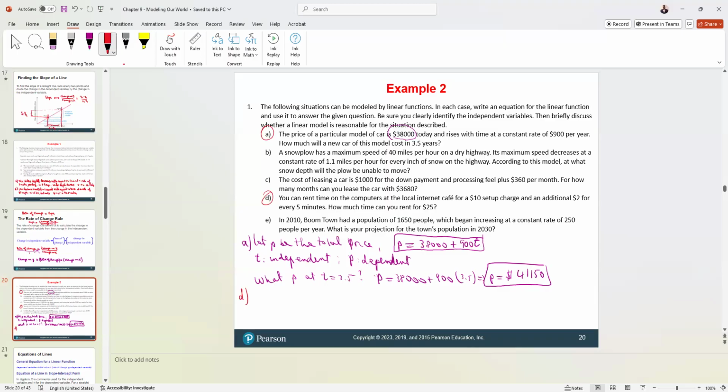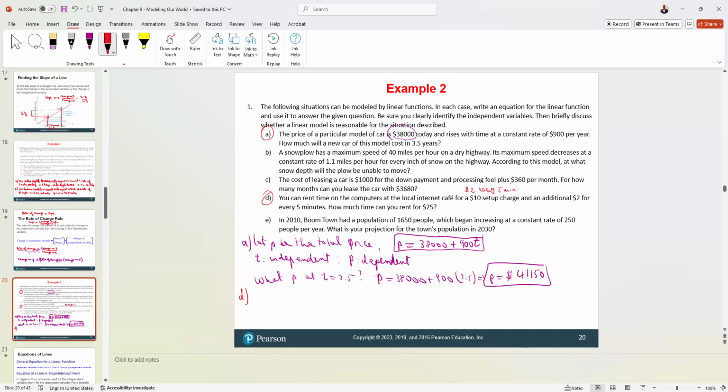Now you see, we're not doing it every minute. We do it for every 5 minutes. If you want to find how much per minute, because if you do it every 5 minutes it's going to be more complicated, right? So if you do $2 every 5 minutes, how much do you pay every minute?